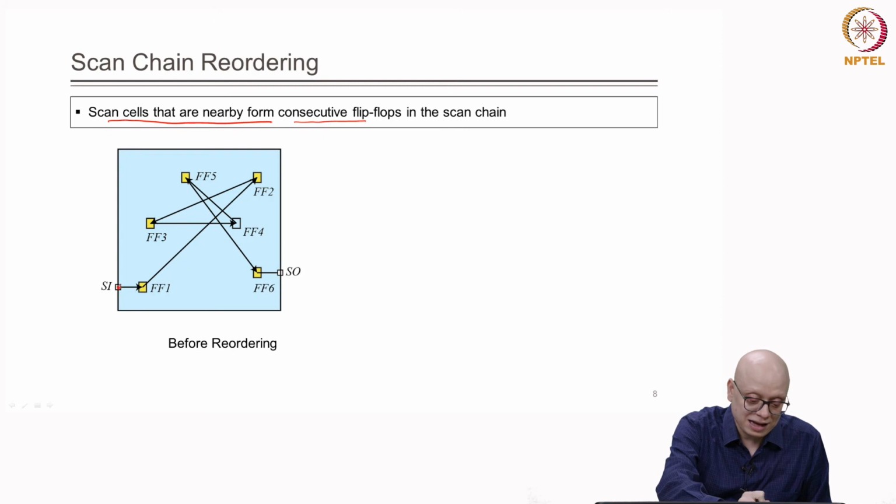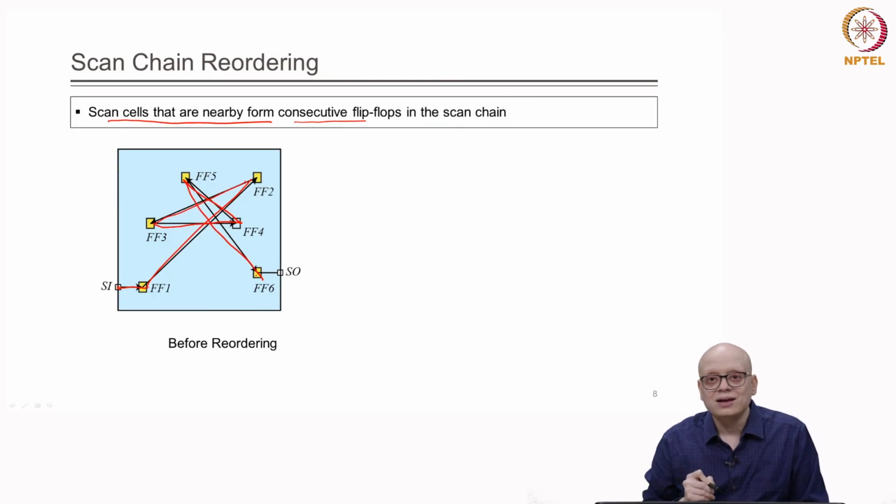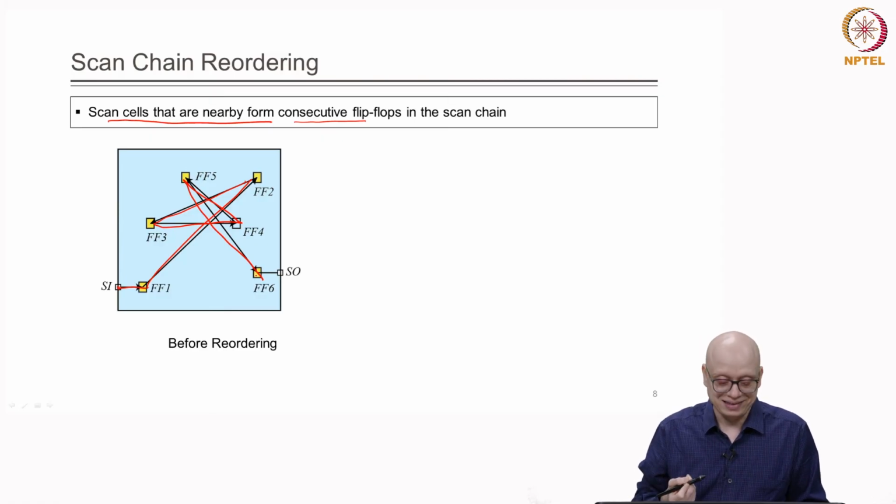From scan in it goes to FF1, then FF2, then FF3, then FF4, then FF5 and FF6. Now, what is the problem with this scan cell ordering? The problem is that it will consume more routing resource than is necessary.